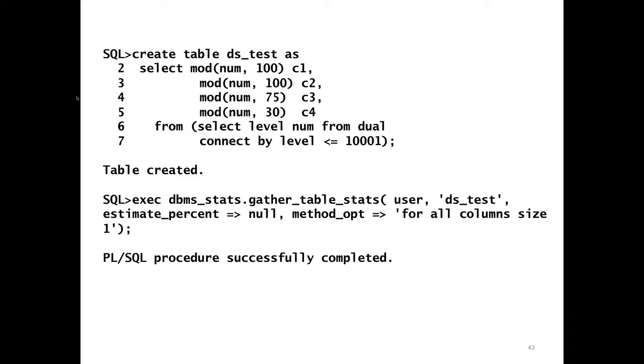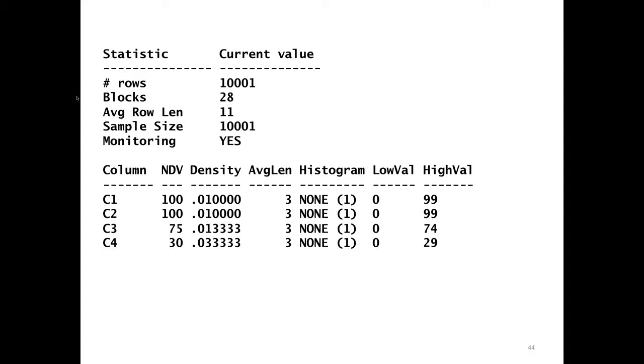Okay? So with that in place, I'm going to gather the statistics. No histograms or anything at this point, but I'm gathering statistics. And you'll see in the statistics that the column has 100 distinct values going from 0 to 99. And both column 1 and column 2 look to be identical. And we know, based on how we put the data into the table, that they are.